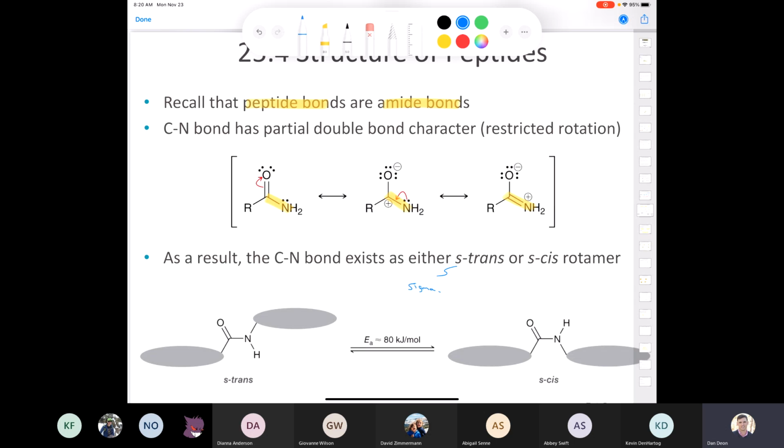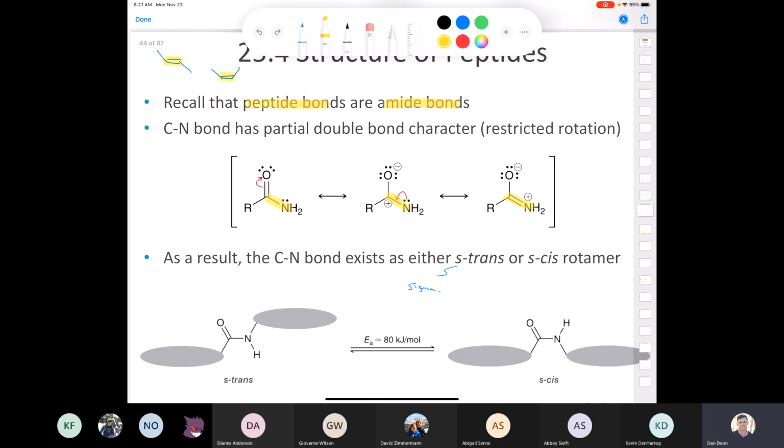You're used to trans and cis in double bonds, right? If we see something like this, we would say that's trans-2-butene, and we'd say this is cis-2-butene, right? That cis and trans is referring to an olefin, an alkene. When we have trans and cis, but we're dealing with what looks like a single bond, we call that S-trans and S-cis, because remember, it's not a double bond, but it has double bond character.